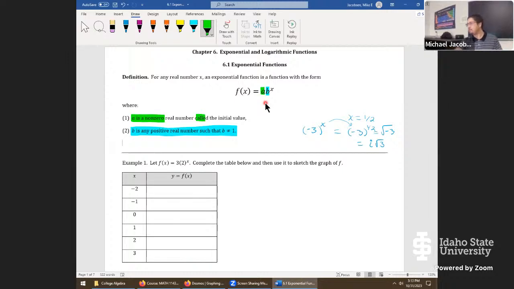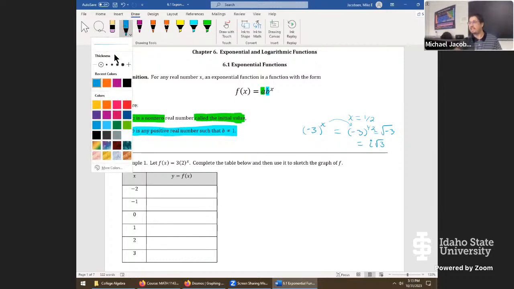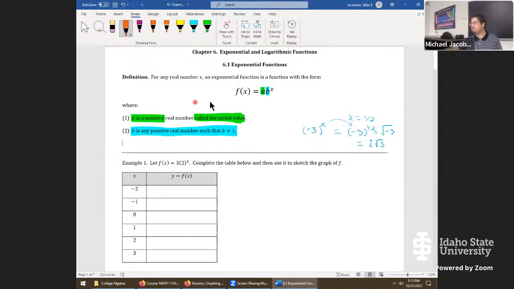But it's often called an initial value. The reason it's called that is, if we take this function here and put in, say, a 0, we would get a times b to the power of 0. But b to the power of 0 is a 1 here. This would just turn into a.